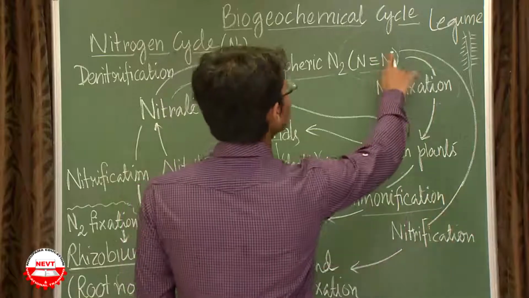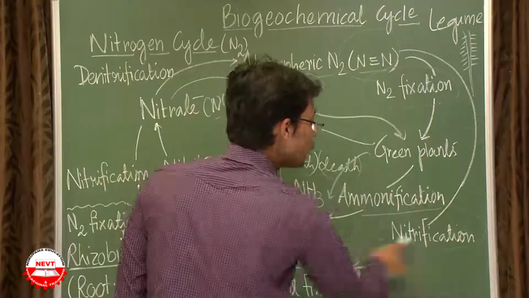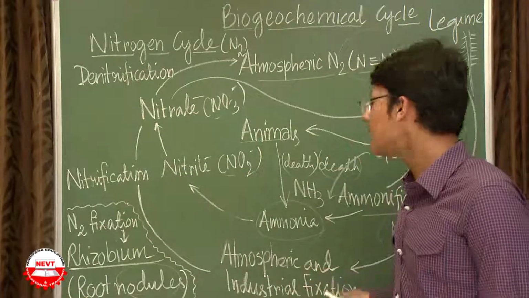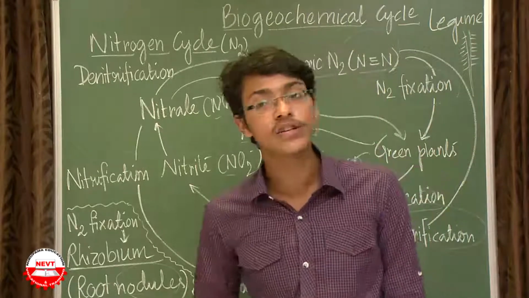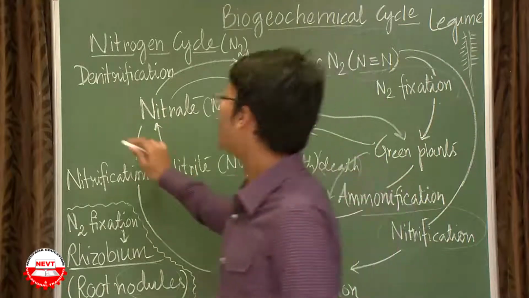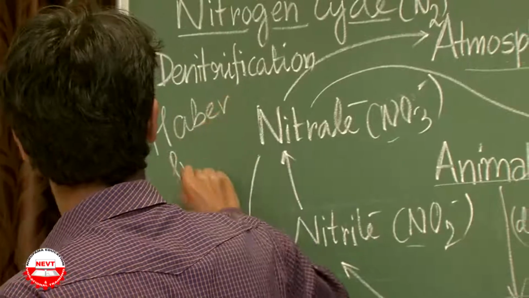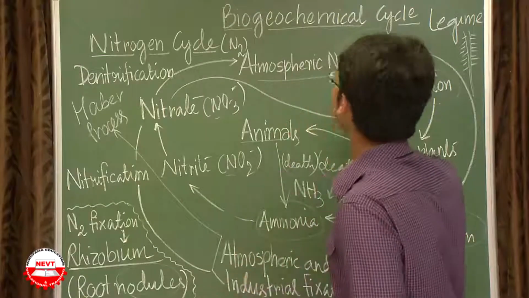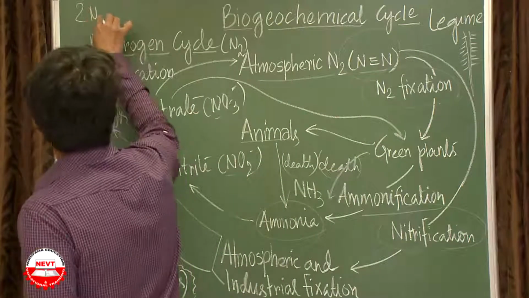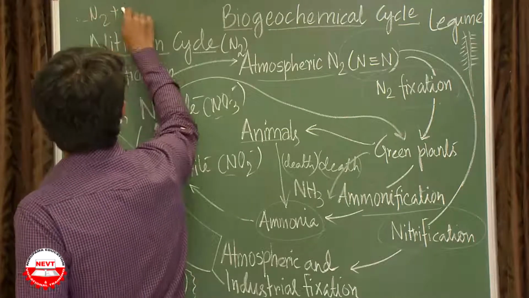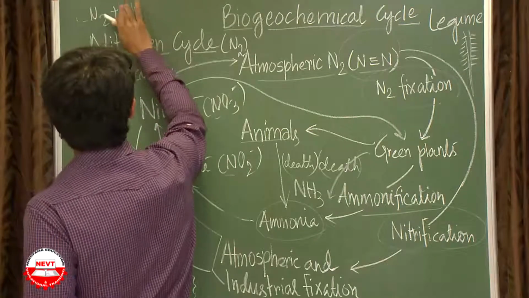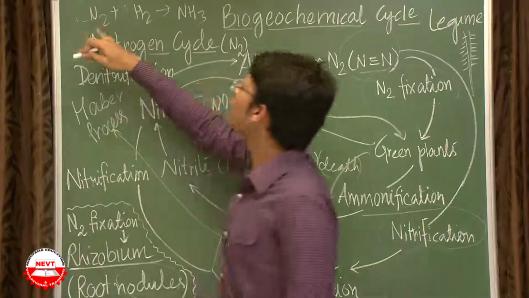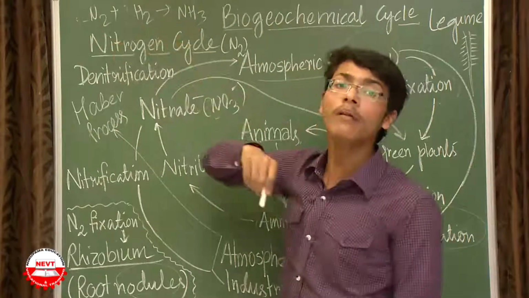Another process is atmospheric and industrial fixation. What is the industrial fixation of nitrogen? It is called the Haber process. The industrial fixation of nitrogen is by means of the Haber process, where nitrogen combines with hydrogen to form ammonia.